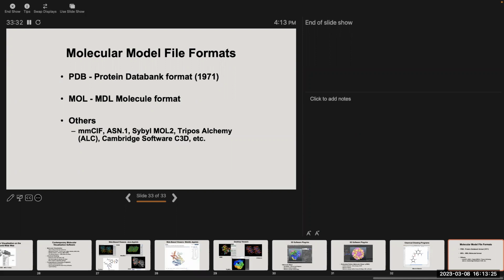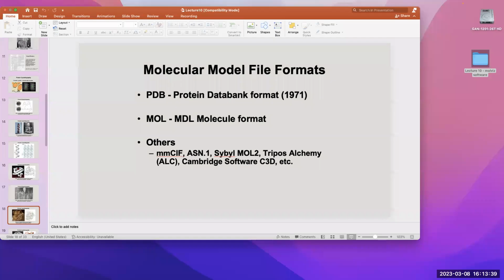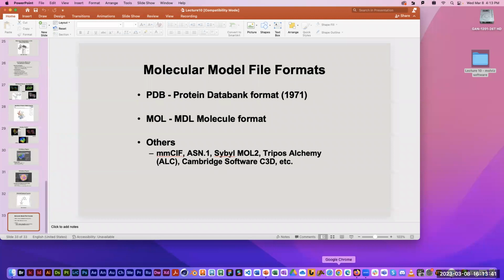Is that a low res file? Just being able to understand some of the information that you're going to start to see as you look into these molecular models in the Protein Data Bank. Speaking of which, let me just open that up briefly. I'll come back and show it to you in more detail later.